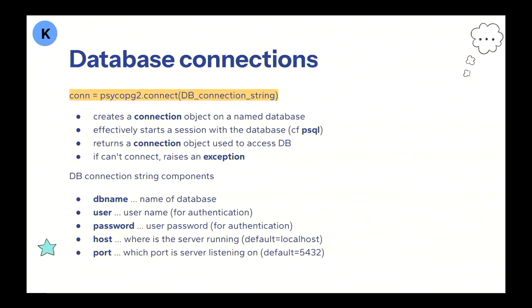We need to specify the name of the database we would like to connect to, and then the username and password, and also the host. We may access a database on a remote computer through some host name or IP address, and we need to specify the port, since the DBMS is listening on some port on the computer.